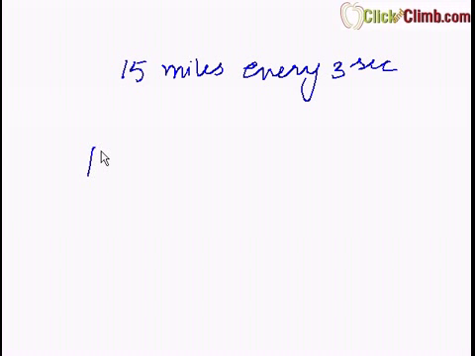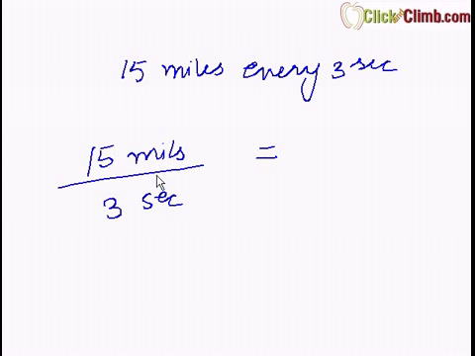So we can write it as a ratio, 15 miles in 3 seconds. Now, if I want to know how long it will take the space station to travel 150 miles, so this is 15 miles in 3 seconds. Now we want to find how much time it will take to cover this distance, that is 150 miles.